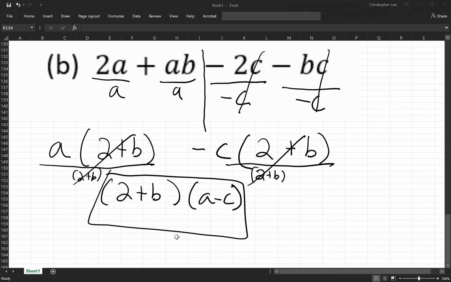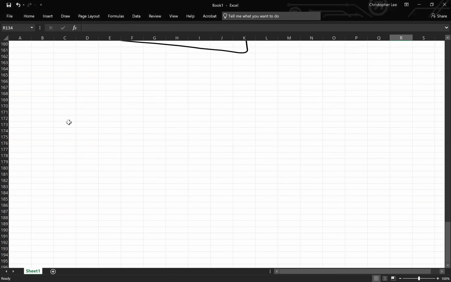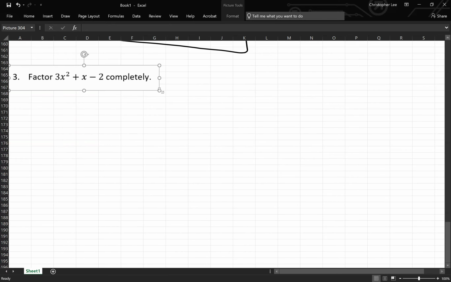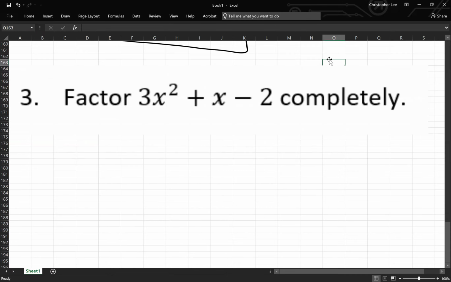This next one coming up, we got options. We got options, all right? So this says factor completely, all right? So here's your two options that you can do, right? You could either factor it using the AC method, nothing wrong with that, because we have one, two, three terms.